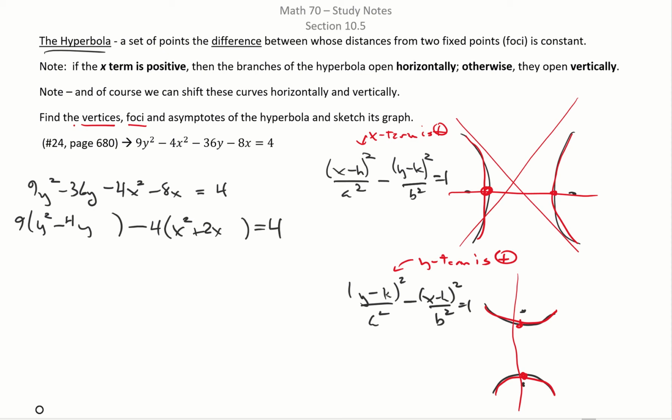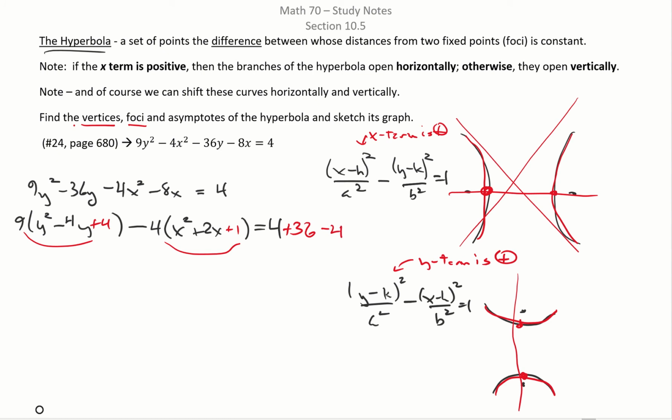And now we complete the square. Half of 4 is 2 squared is 4, but we added not 4, but 36 here. And then half of 2 is 1 squared is 1, but in this case, we subtracted 4.